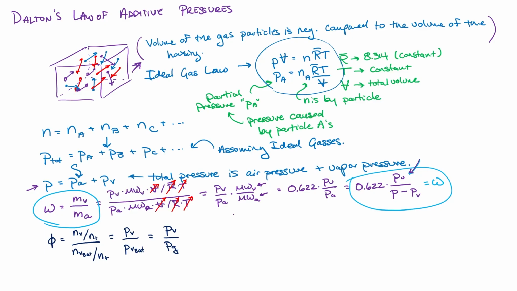Okay, one last piece that we want to have in our calculations is going to be the energy of our system. So for the energy of our system, we are going to talk about enthalpy. For this part, we no longer need our ideal gas law, but we can say the total enthalpy in the system is going to be the enthalpy of the energy controlled by the air plus the enthalpy controlled by the vapor.